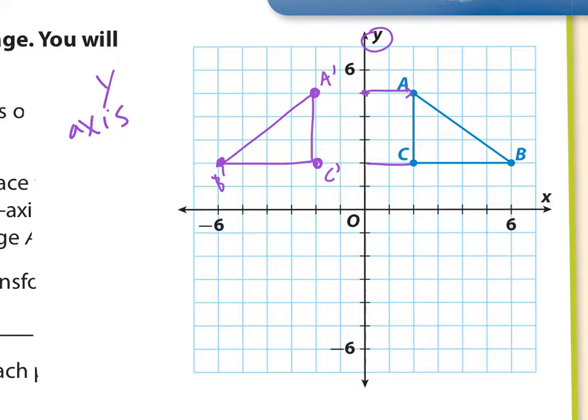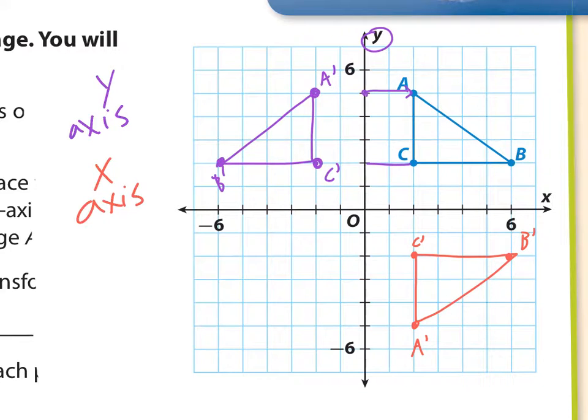Okay, so if we were to flip over the x-axis, we'll do that in red. If we flip over the x-axis, instead of going up 2 for C, we'll go down 2 for C. Instead of up 2 for B, we'll go down 2 for B. And instead of up 5 for A, we'll go down 5 for A. Now, I'm still putting all of these primes to figure out which came first, which came second.